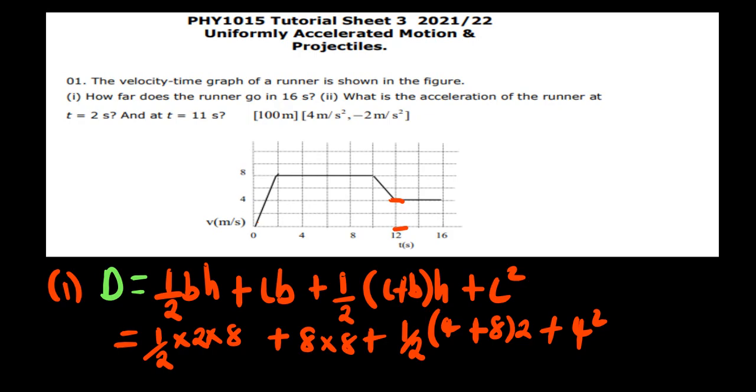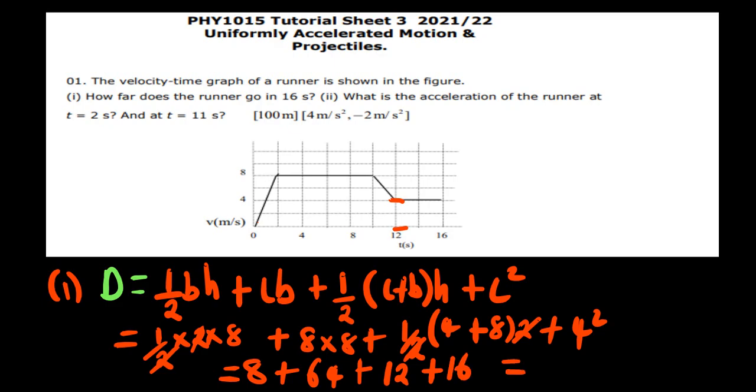Now you have to punch this on a calculator and find that. The 2 and the 2 can go. I'll just remain with 8 here, plus 8 multiplied by 8, that is 64, plus, the 2 and the 2 can cancel, 4 plus 8, that is 12, plus 4 squared, that is 16.